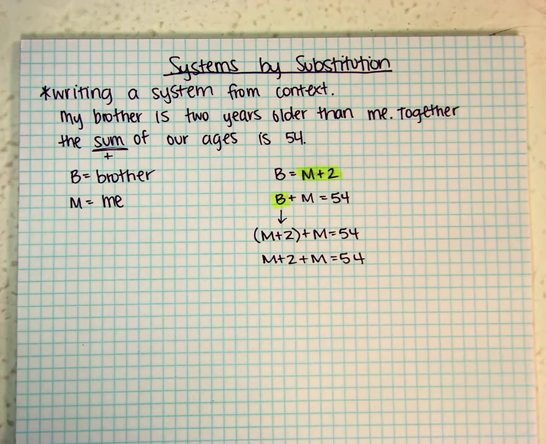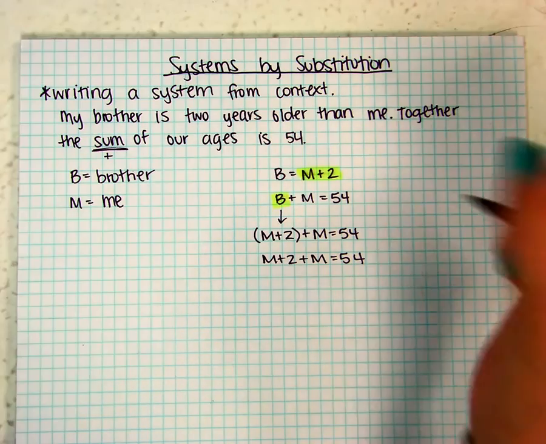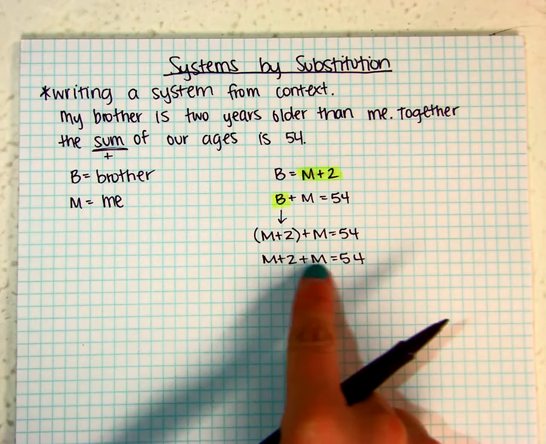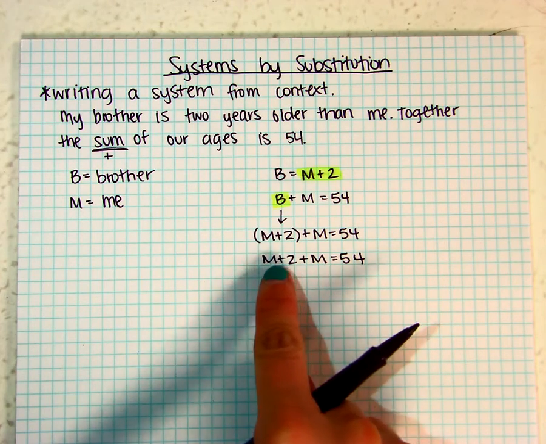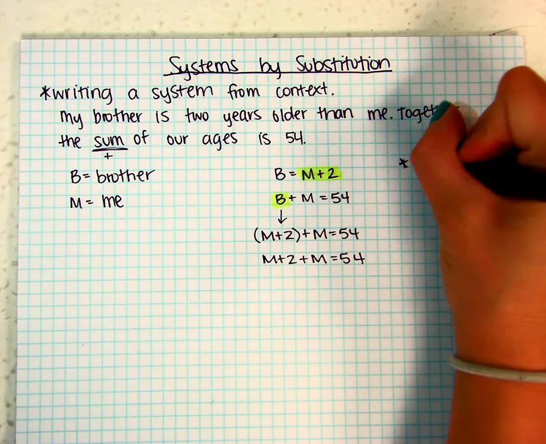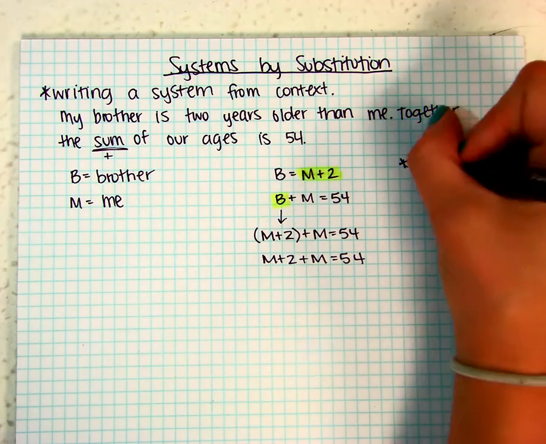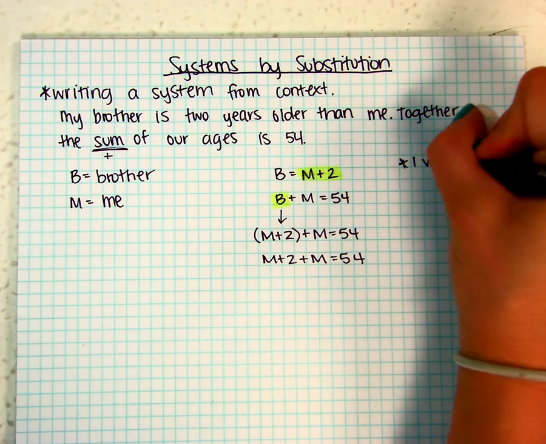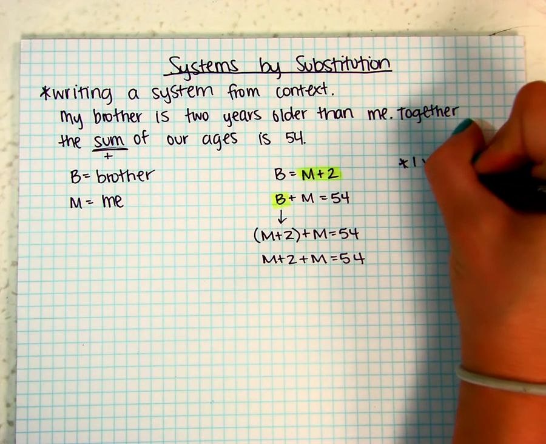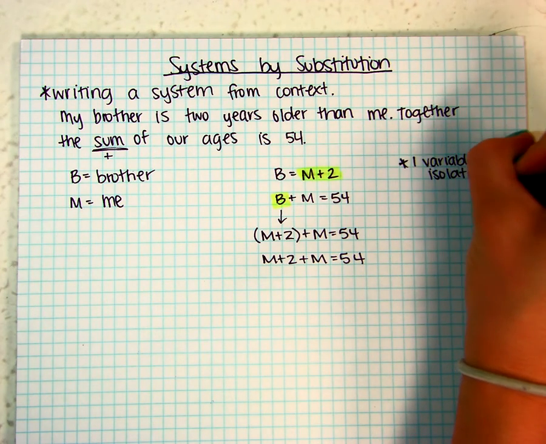The reason we want to do this is we want to get one letter, the same letter. So you need one variable isolated, by itself.